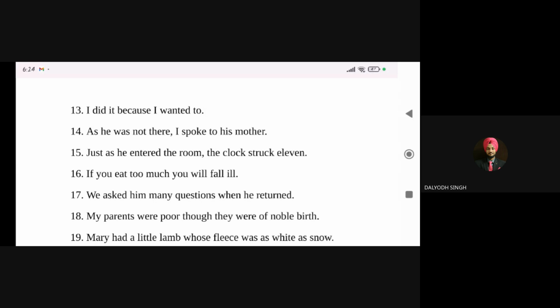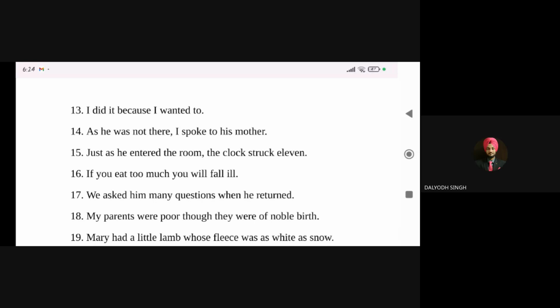Next, if you eat too much, you will fall ill. If you eat too much. This is again adverbial. It gives a reason, so it's adverbial again. Now, we asked him many questions when he returned. When he returned.